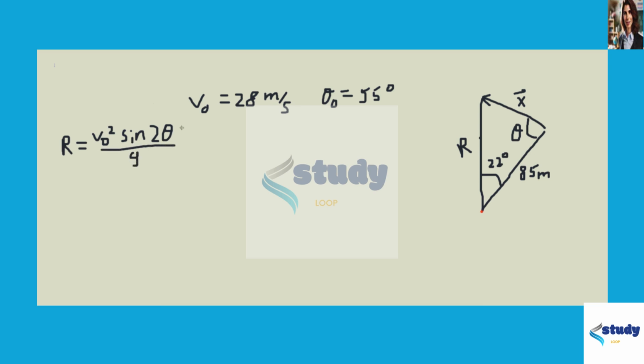Maybe I should use different notation; we'll call this theta prime. Theta prime is that 22 degrees there. Gravity is 9.8 meters per second squared on Earth. So we plug in all those values and we find that this equals 75.175 meters for the range.